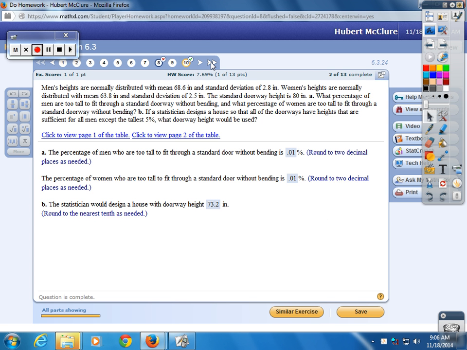So why not just do 73 inches? Because the directions say round to the nearest tenth. That's why here. But in real life, you would do 73 or 74. If they even had one. And if they didn't, then you'd have to get it specially made. Just don't invite any tall people to your house.